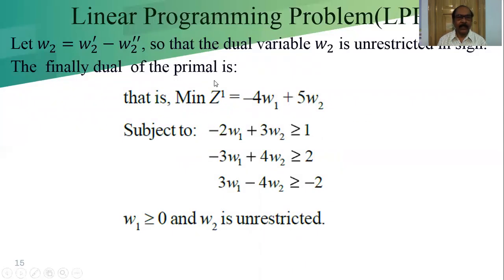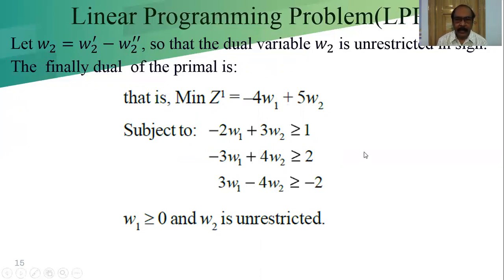That means Z1 equal to minus 4W1 plus 5W2, subject to minus 2W1 plus 3W2 greater than equal to 1, minus 3W1 plus 4W2 greater than equal to 2, 3W1 minus 4W2 greater than equal to minus 2, W1 greater than equal to 0 and W2 unrestricted in sign.